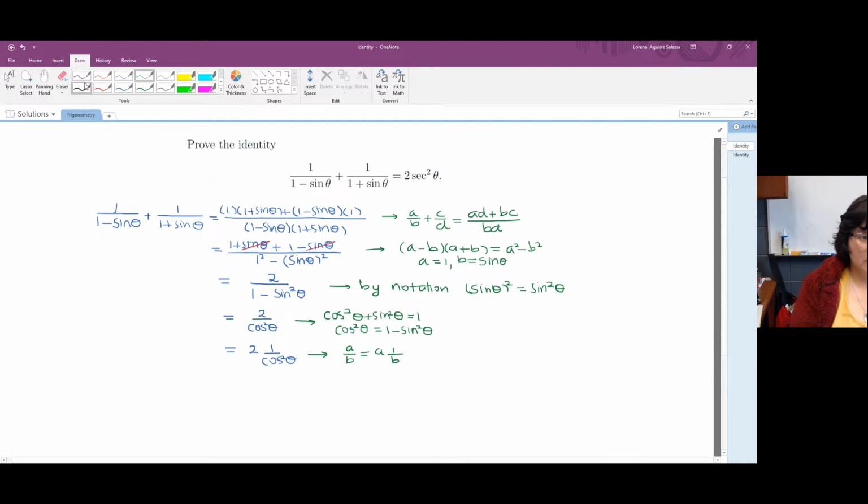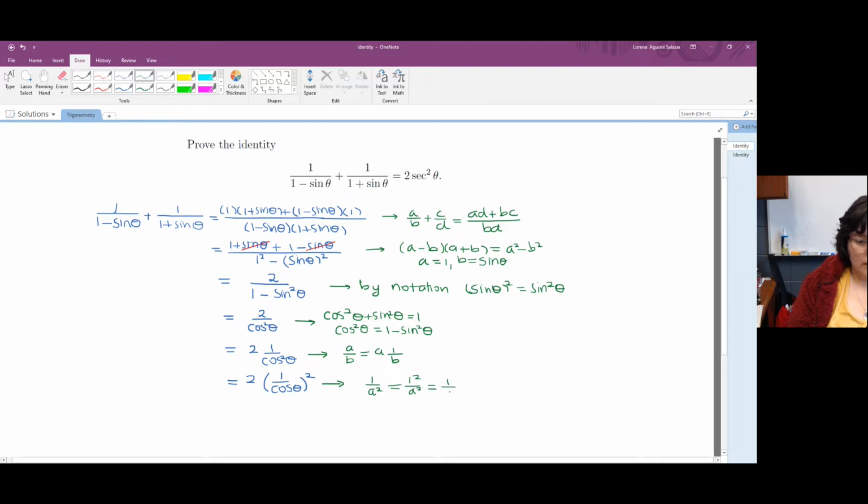Let's try to write this expression in terms of cosine more clearly. Here we have 2 times 1 over cosine of theta, all squared, because when we have 1 over quantity squared, that's the same as 1 squared over quantity squared.